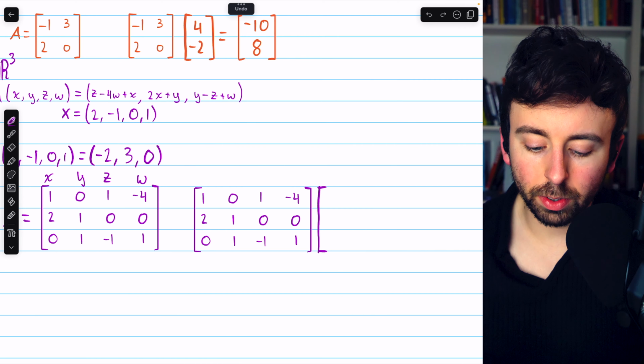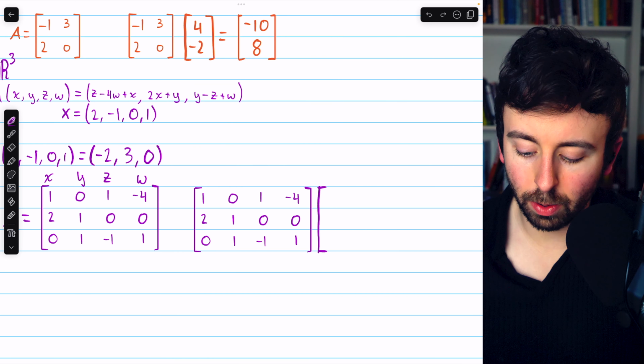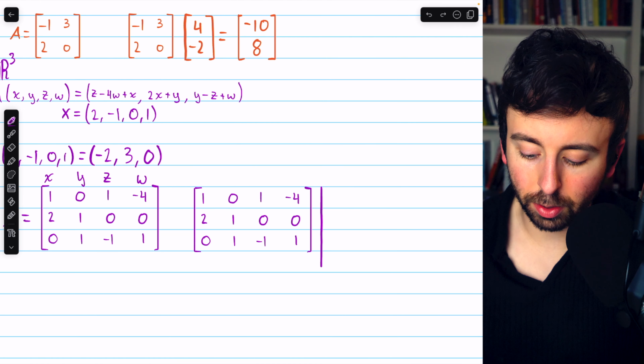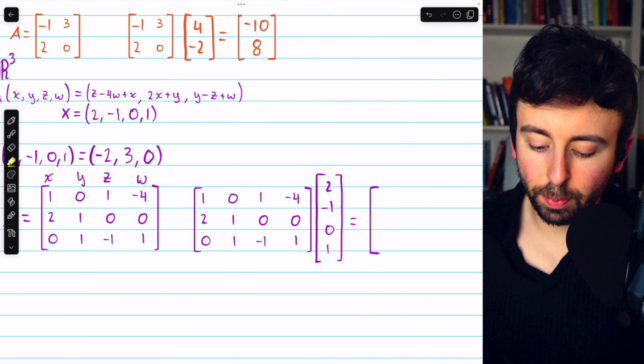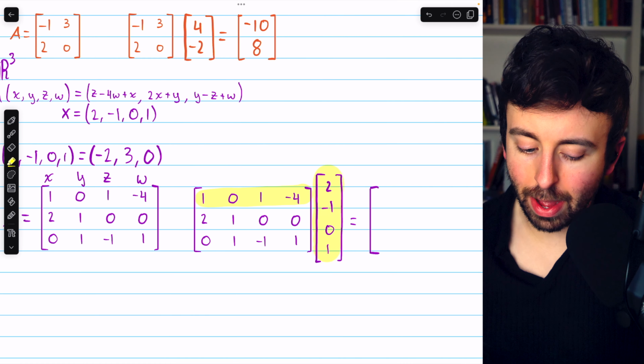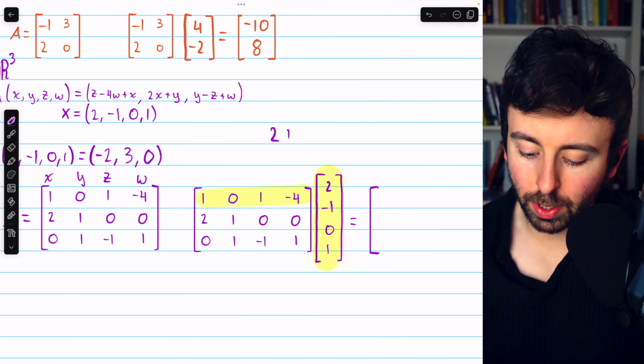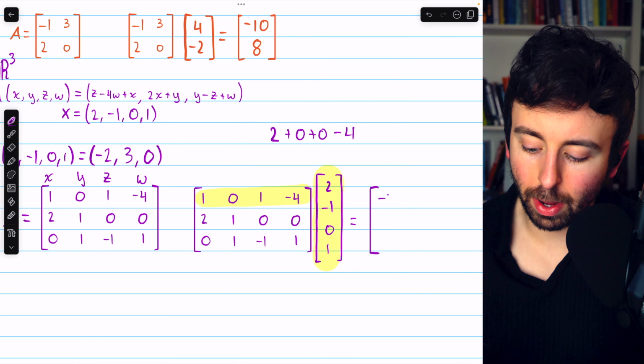The input vector was 2, negative 1, 0, 1. So we could have just multiplied this by 2, negative 1, 0, 1. Doing this multiplication, we'd have this row matched up with that column. That's going to be 2 plus 0 plus 0 minus 4, so minus 2.